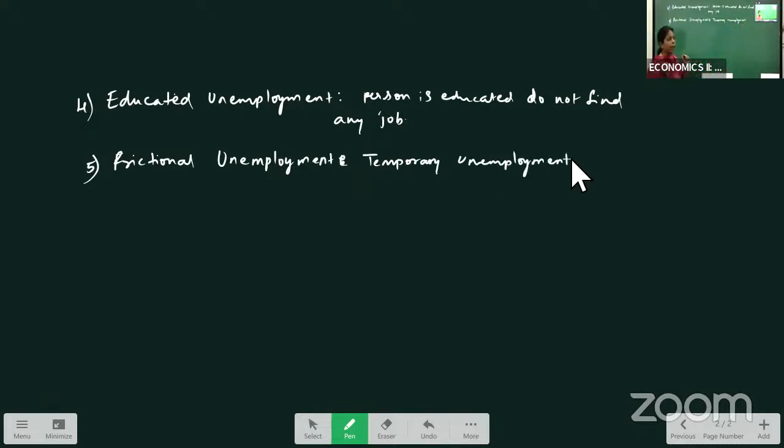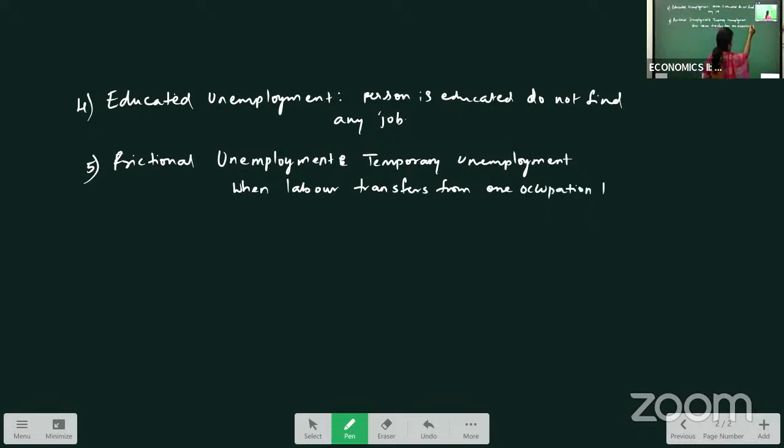It is a temporary unemployment when a laborer is shifting, transferring from one occupation to another occupation. This is called frictional unemployment.